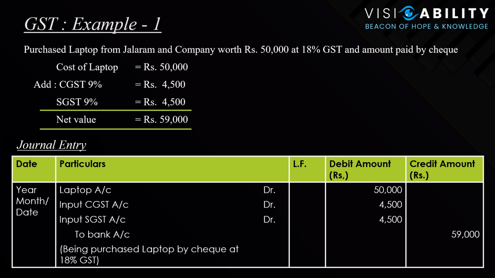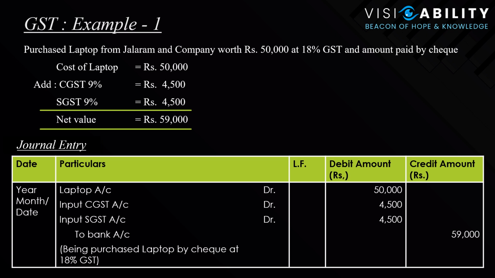Let's take the example which has been given to you over here. Purchase laptop from Jalaram and Company worth 50,000 at 18% GST and the amount paid by check. Now here I would like to clarify to all of you that the GST rate is given in your problem. It is not to be learnt by you. You don't have to remember what the GST rates are for different types of goods and services.